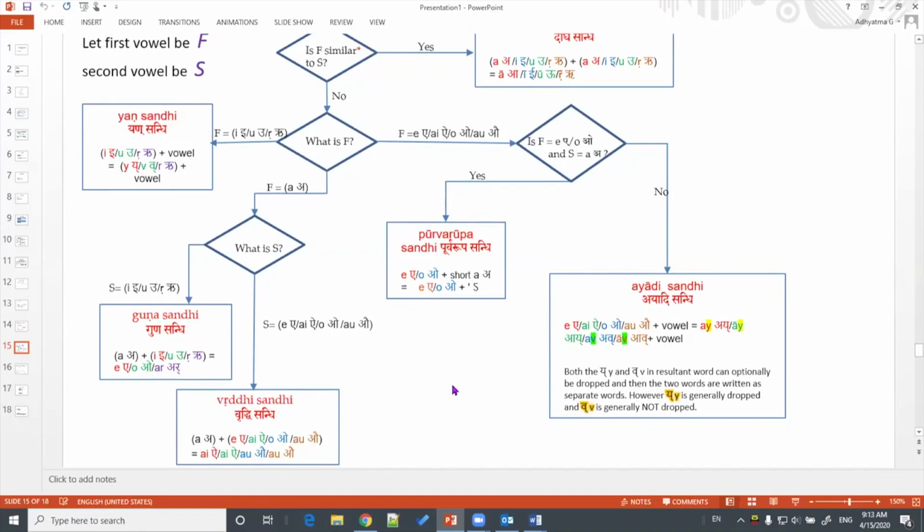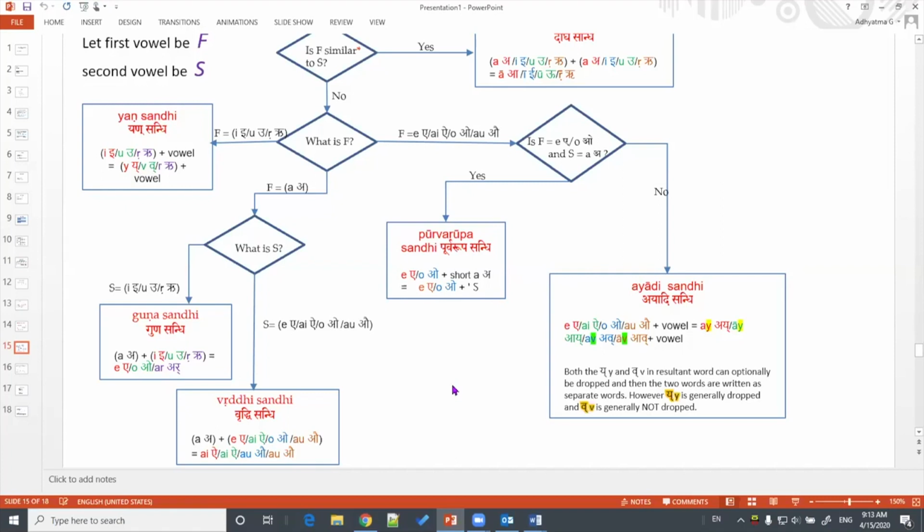So you see, this is thanks to Amit Baba. He has put it in such a beautiful format that if you just understand this one page, you basically cover all the sandhi rules. And this is exactly the flow chart which normally goes in your mind when you try to figure out which sandhi it would be.